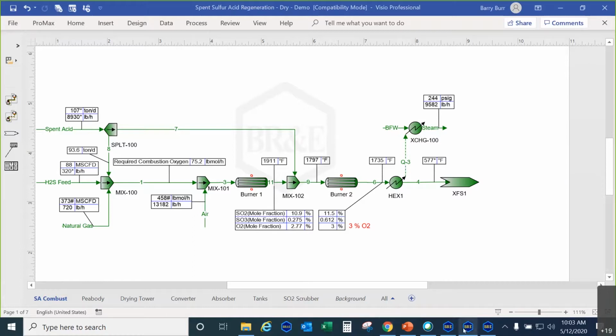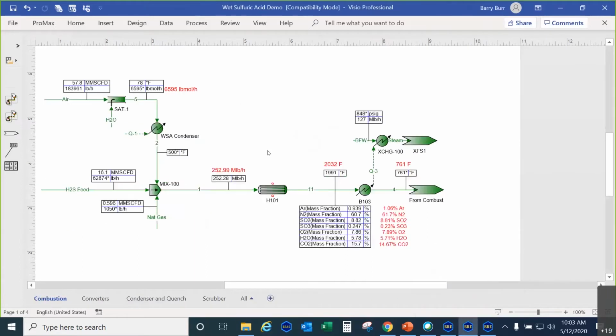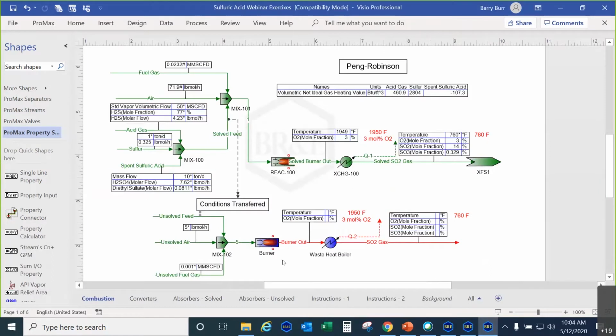And there's another process that I've simulated, which is a wet sulfuric acid process. So I'm going to go through the simulation of that. And afterwards, I have a demonstration section. So I'll demonstrate the key things that I think are unique or particular to sulfuric acid production.